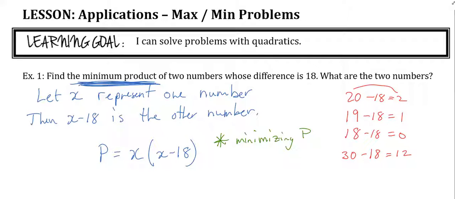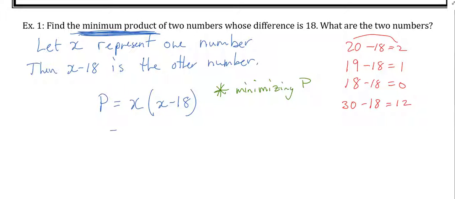How do we find the minimum? We find the vertex, right? We've just talked about all that. That's how you would find a minimum value. So before I can complete the square here, I have to expand and simplify. X times x, x times negative 18, so x squared minus 18x. You could do it in the same step, but I'll keep them as separate steps.